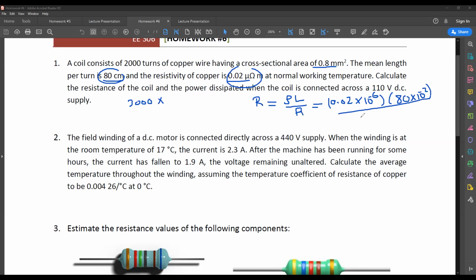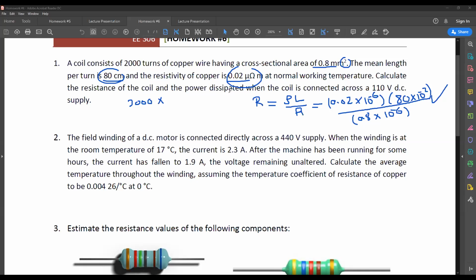You have here 0.8 times 10 to the minus 3, but this is a mistake: the millimeter is 10 to the minus 3 meter, but you have millimeter squared here, so it should be 10 to the minus 6. This is more like a problem of SI units, making sure that all the values are in SI units.